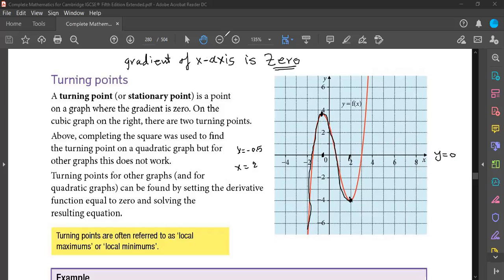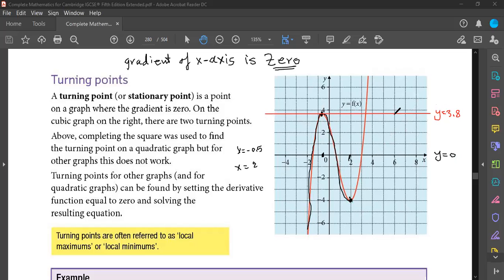Then any line parallel to the x axis, its gradient is supposed to be what? This is a line parallel to the x axis, which is y equals, as Yasmin said, approximately 3.8. What's the gradient of the line y equals 3.8?